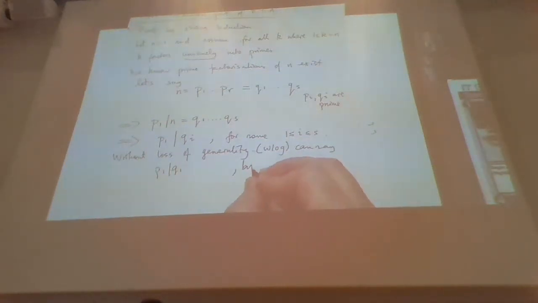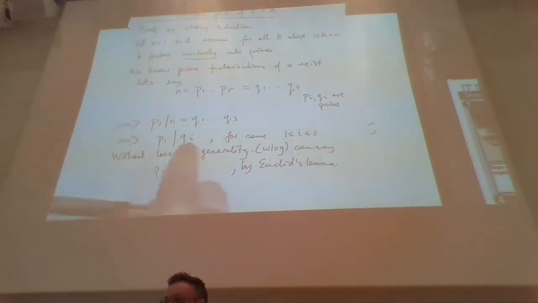Remember, this step is justified by Euclid's lemma. If a prime divides a product, it must divide at least one of the factors. So now we consider the integer n divided by P1, which is certainly an integer.